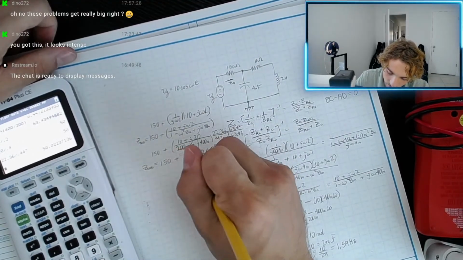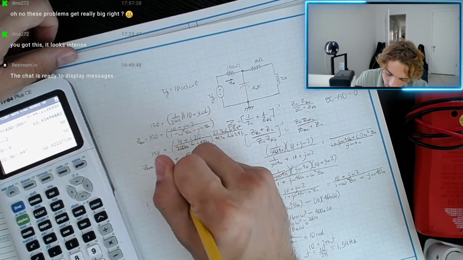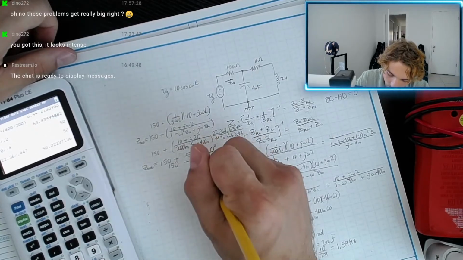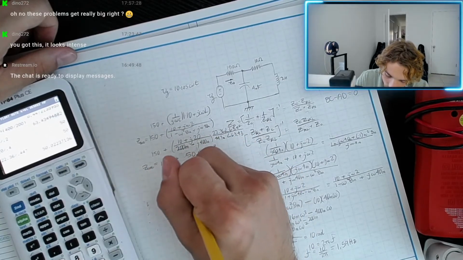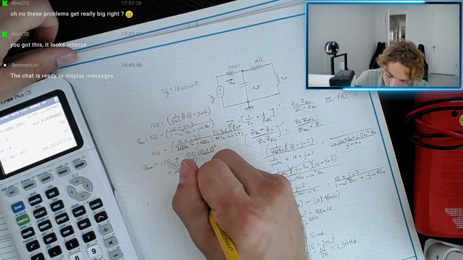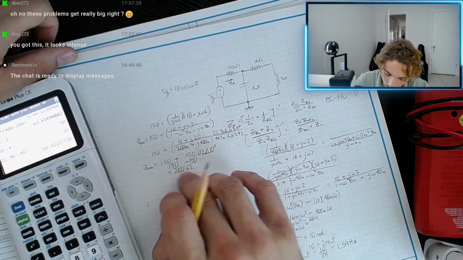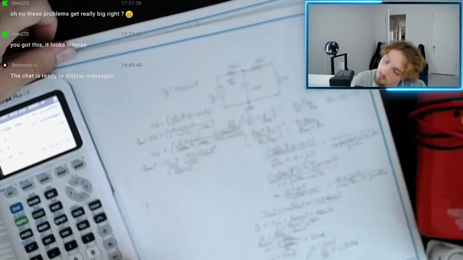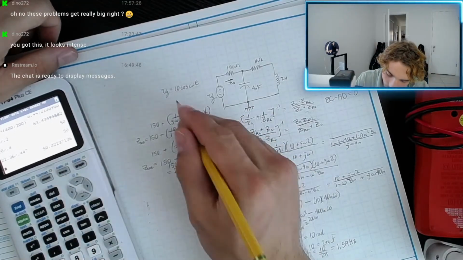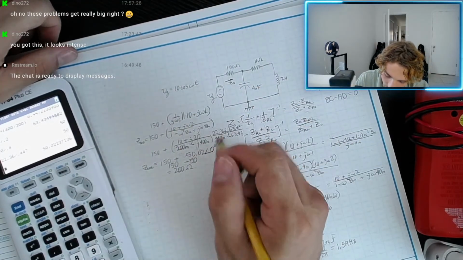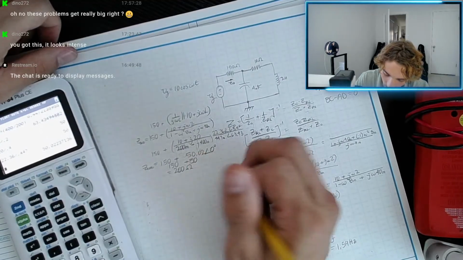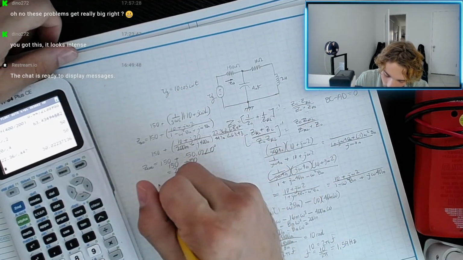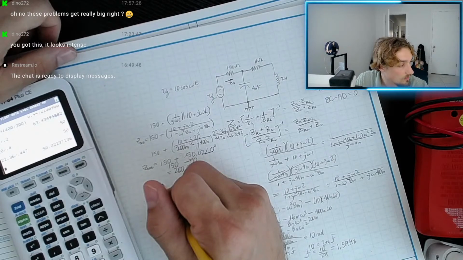There's no phase angle, so it's just 50 plus 150 equals 200. Okay. Well, yeah, and then we have cosine omega t. That's no angle. This is no angle.